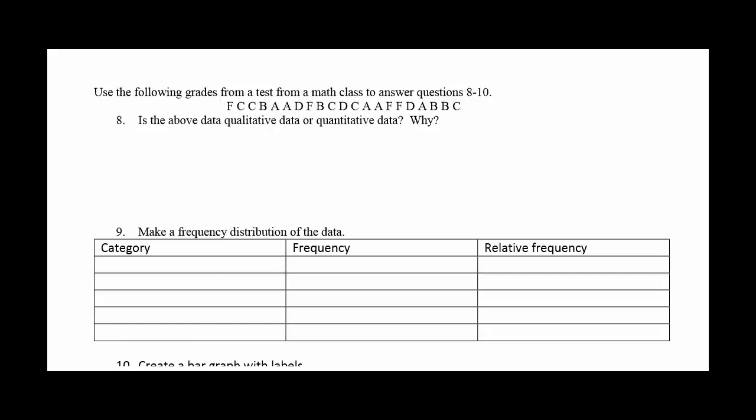Well, qualitative refers to the word quality or types of. Quantitative refers to the word quantity or numbers of. Since we're dealing with letter designations, we're dealing with a verbal description. Like I understand A students are better than B students, but I didn't numerically define it.